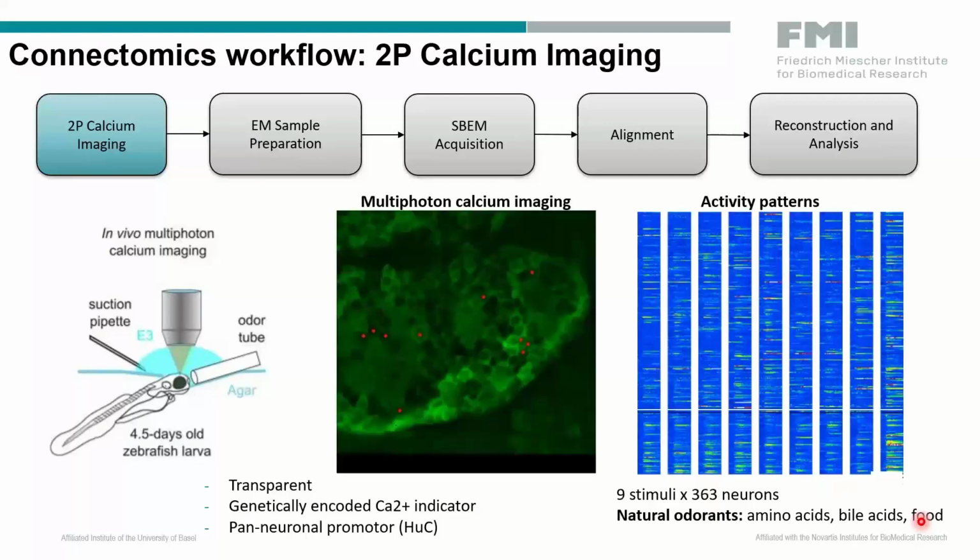Once the larva is stimulated, it produces an activity pattern, and this is done multiple times for many hours. Different types of odor are submitted during this experiment, and it gives rise to a certain activity pattern.